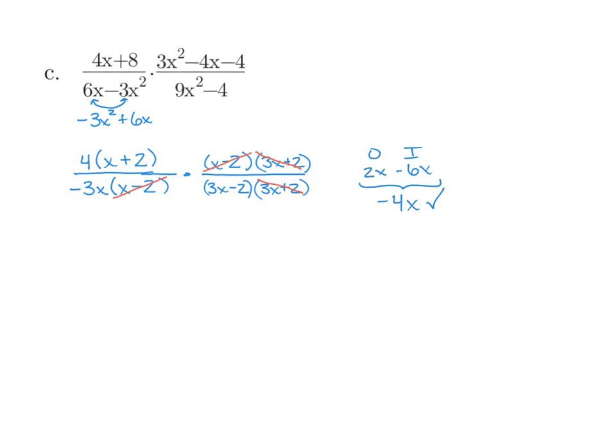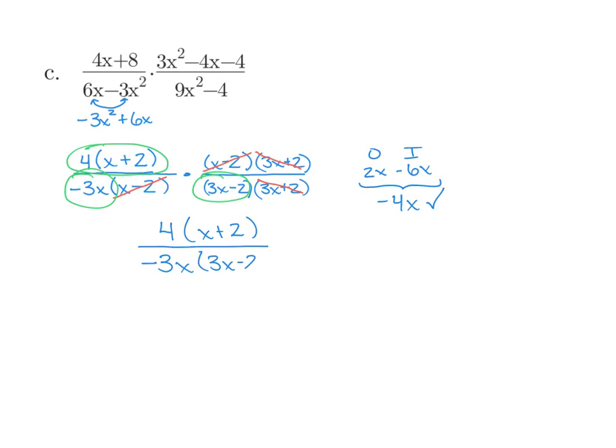In the numerator, we have 4 times x plus 2. In the denominator, we have negative 3x and 3x minus 2. Again, we can leave it in factored form, and so this here is our final answer.